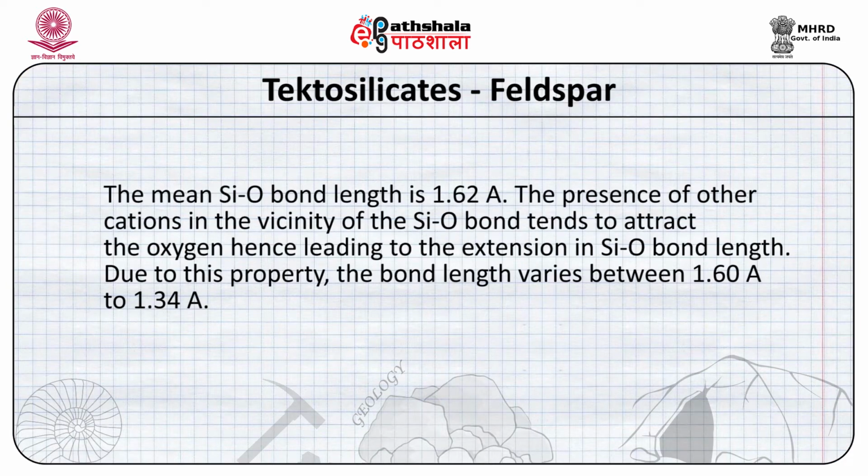So, a significantly large range. Similarly, the silicon to oxygen bond length can also vary between 1.34 to over 1.6 angstrom, depending upon whether the oxygen is stretched or not.